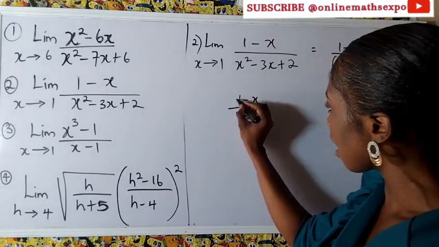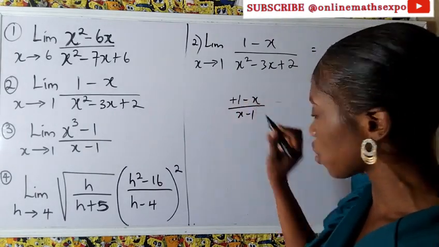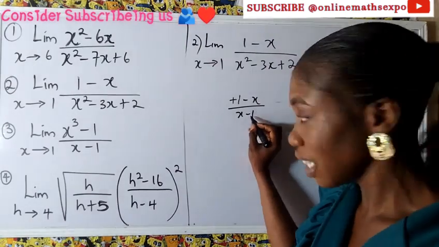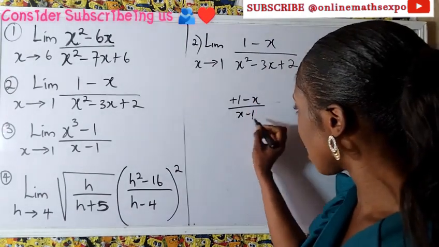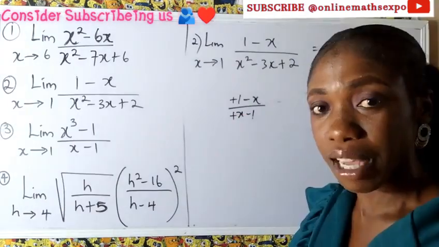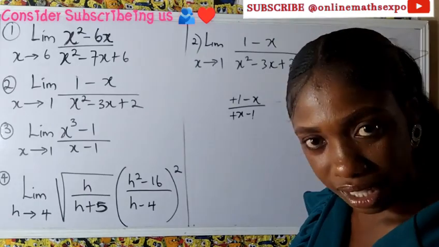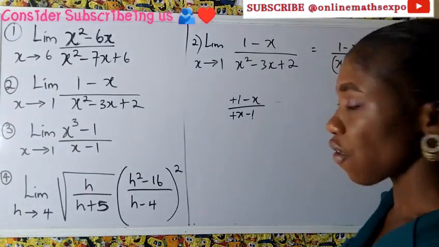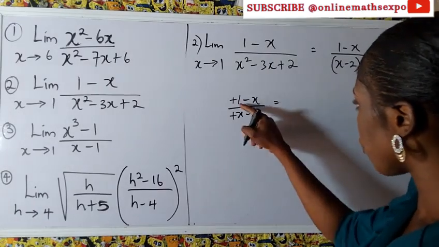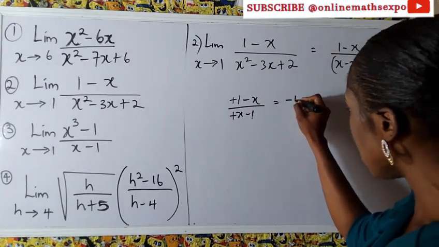If you look at it here, 1 has a positive sign, whereas here it has a negative sign. x here has a negative sign, and this has a positive sign. So you see their signs are not the same, which means they are not the same. So let's force them to be the same. For this numerator, we can factor out a negative sign.